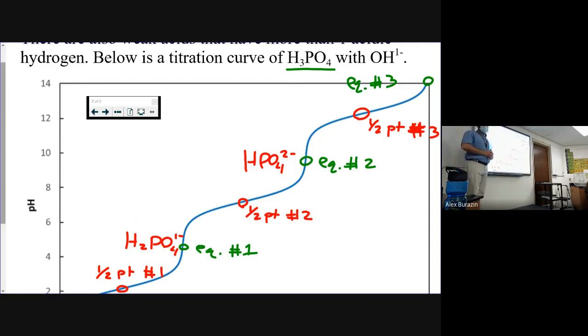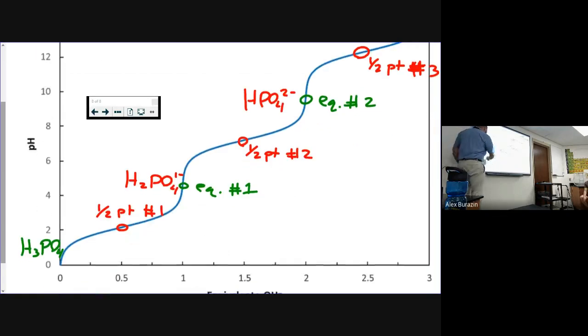What does this mean? At the first halfway point, pH equals the pKa of the first hydrogen of that acid. At the second point, pH equals the pKa of the second hydrogen of that acid. At the third halfway point, pH equals the pKa of the third hydrogen of that acid.